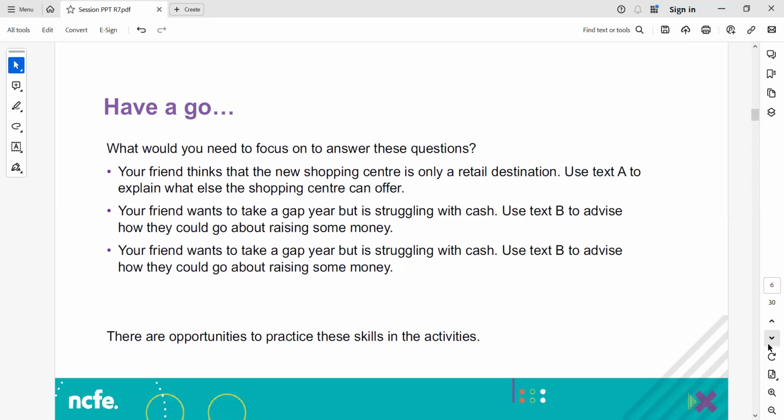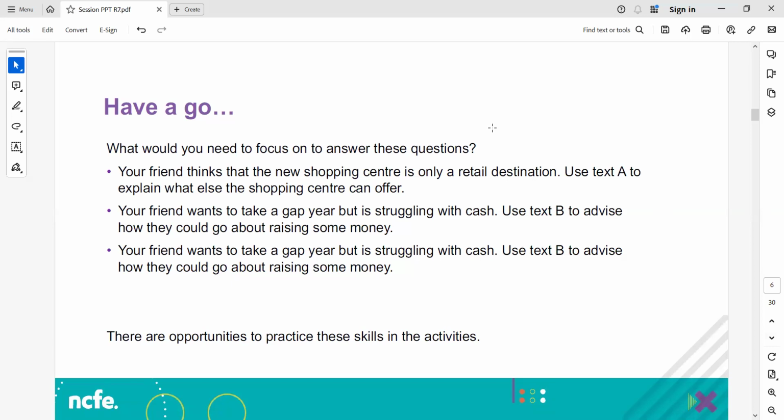So what kind of information would you be looking for in text A? So can anyone suggest what would you be looking for in text A to answer the question, or to complete the task? What information would you need?